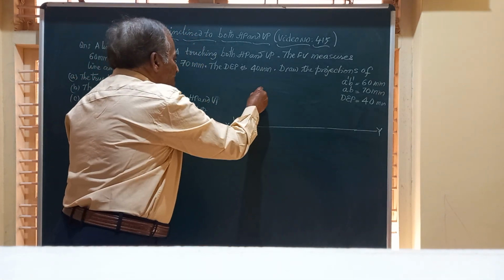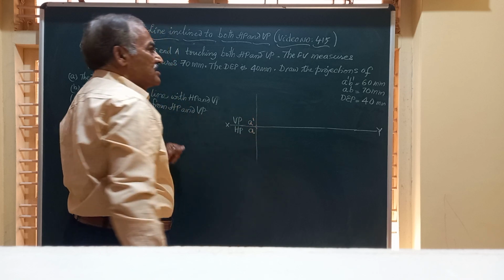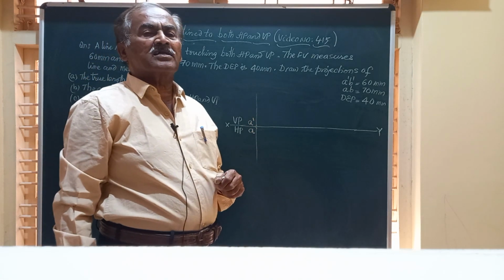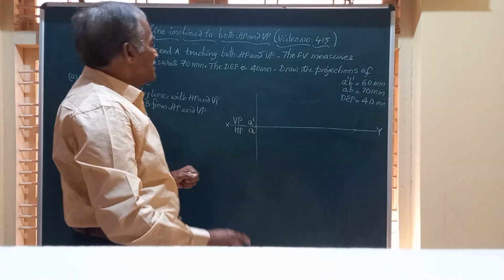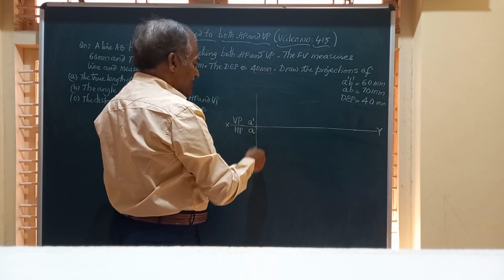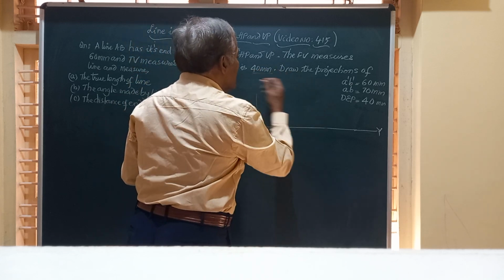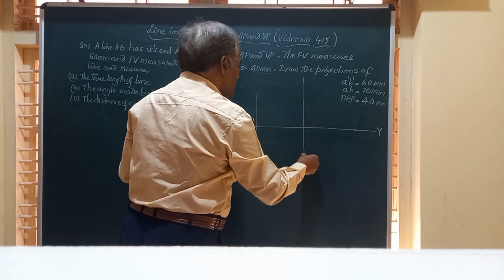If you draw a line through them, this line will represent the end projector through the end A. And friends, similarly, at a distance of 40 millimeter from this line, we can draw another line on which the end B lies.